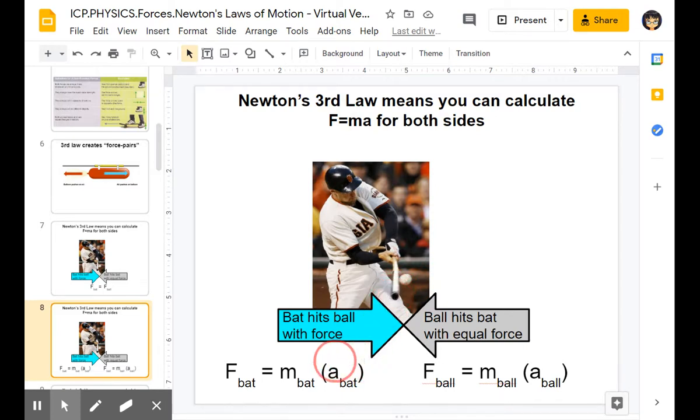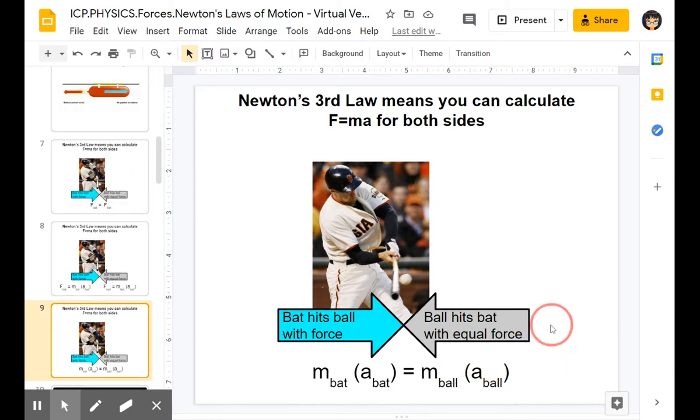So if this equals this, then the mass of the bat times the acceleration of the bat will equal the mass of the ball times the acceleration of the ball. Okay? You're just substituting in, but this is a useful thing that you can calculate.